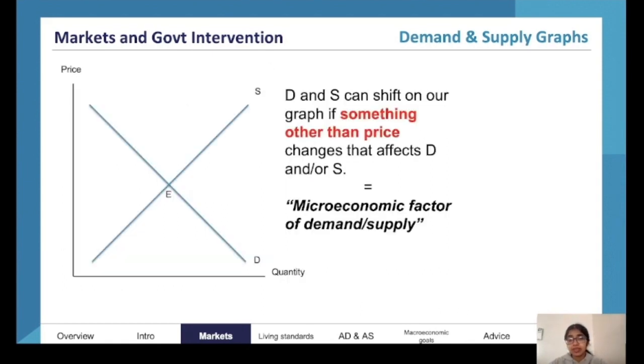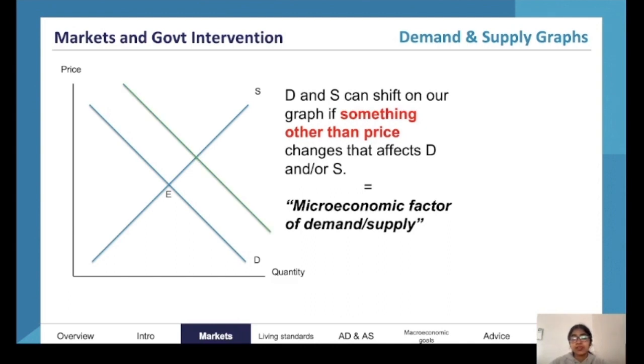Okay, so graphing. We need to really be mindful of the difference between a movement in the demand and supply curve and a shift in the demand and supply curve. A shift happens if something other than the price of that product changes. This is called a microeconomic factor of demand or supply.